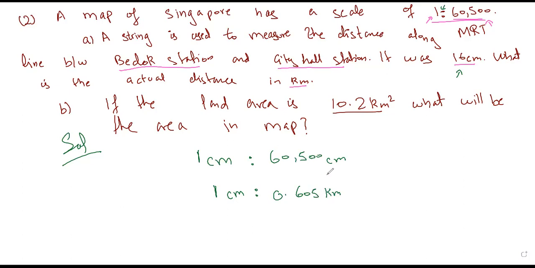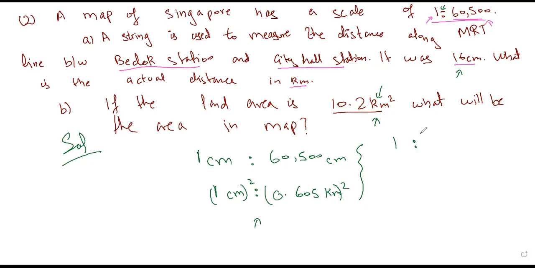But you have to be careful. We are interested in finding out the area that has the units kilometer square, so we cannot use this ratio directly. We need to square both sides just so we get a ratio for kilometer square. So if I square both sides, I am going to get 1 ratio 0.605 square.